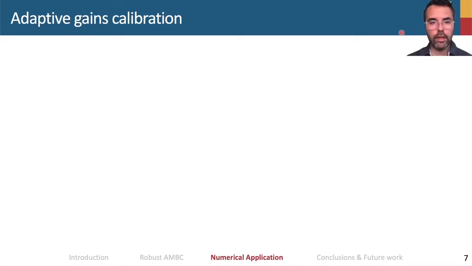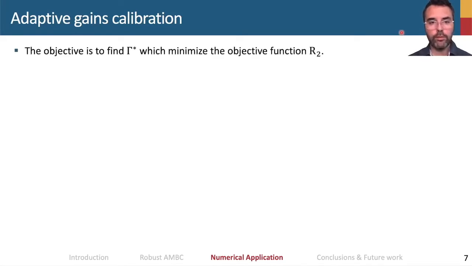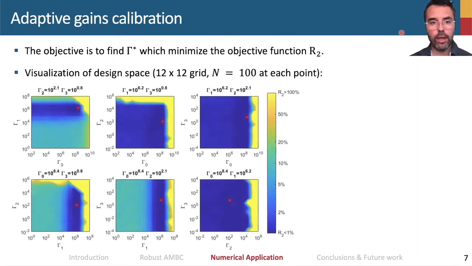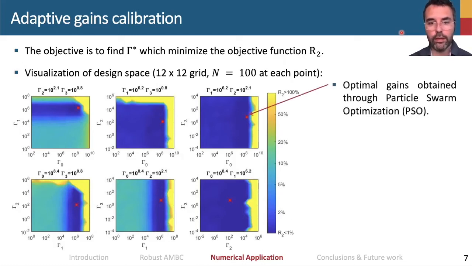Regarding the adaptive gains calibration, the objective is to find the value of gamma star, which minimizes the objective function R2. We visualize the design space in this figure, where we can see values from gamma 0 to gamma 3, where the red crosses are the optimal gains that were obtained through particle swarm optimization.